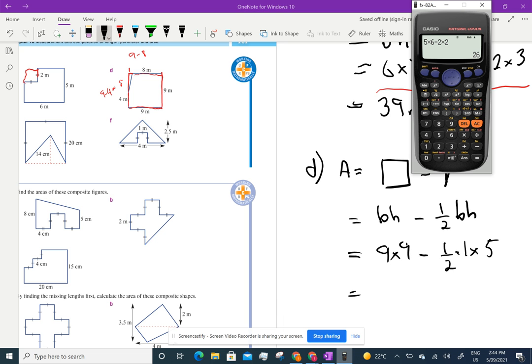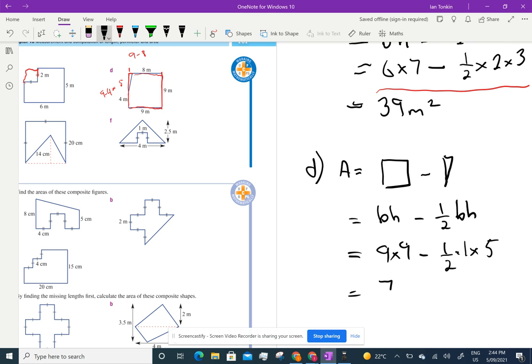So into my calculator, 9, oops, not 99, 9 times 9 minus a half times 1 times 5. And remember, if you get an improper fraction like that, you just press your SD button, 78.5, and we're in meters squared.